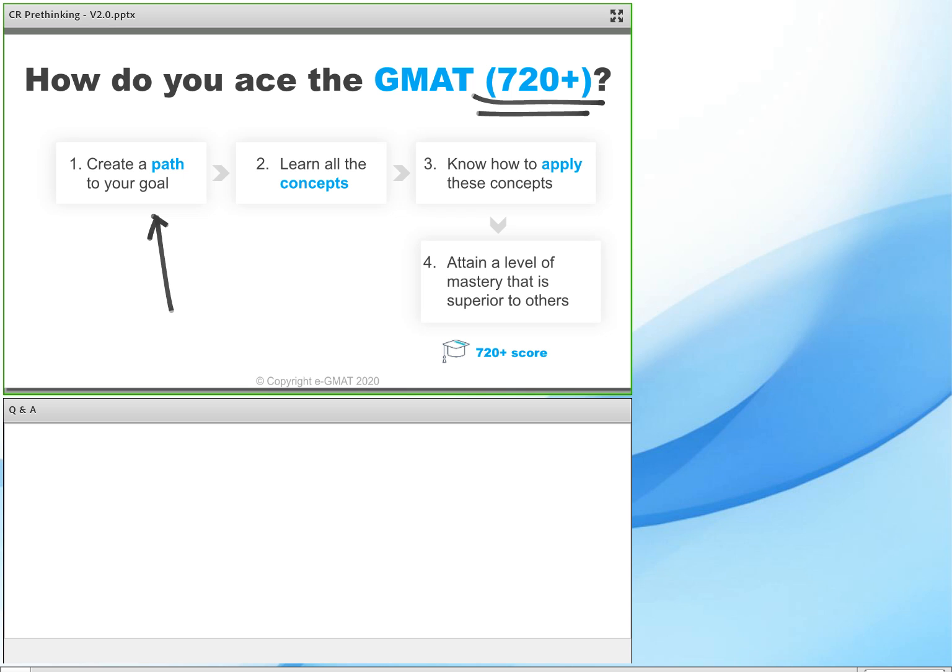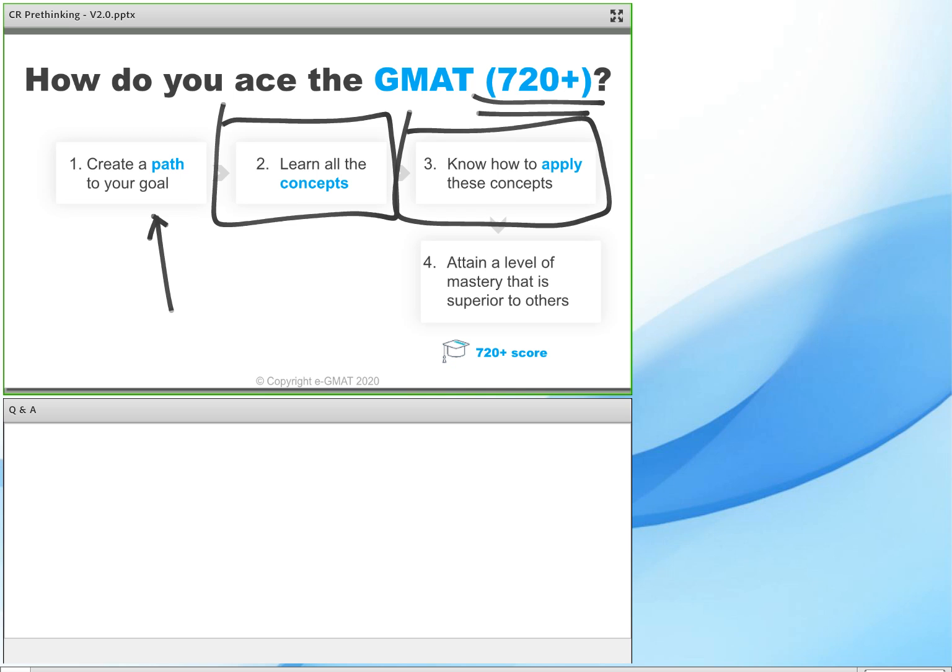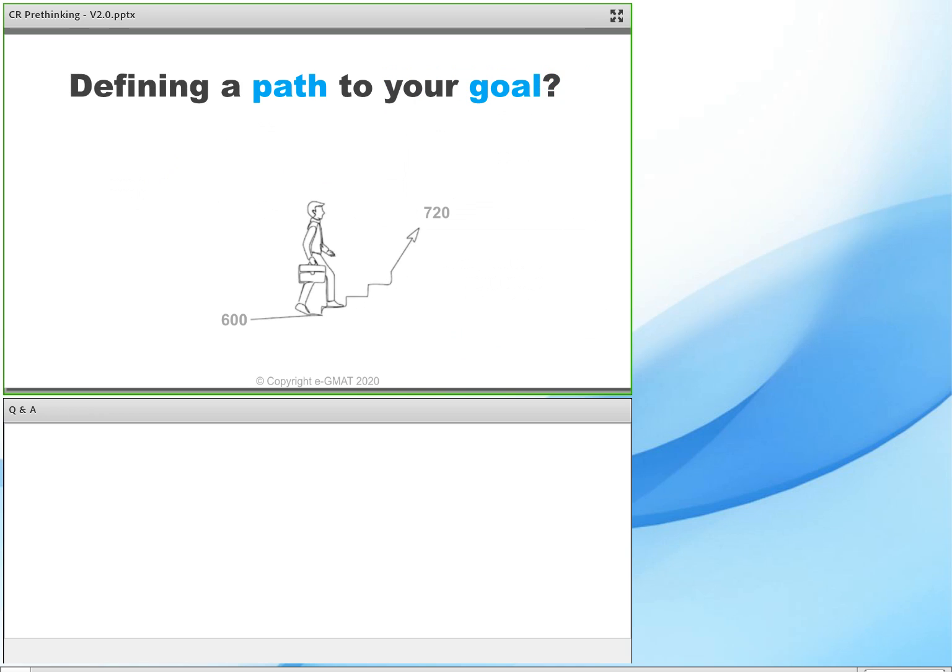Once you know your weaknesses, and you've attributed a certain time slot to work on those weaknesses, then you need to learn all the concepts that are needed. Now, merely knowing these concepts isn't enough. You need to know how to apply these concepts as well. And then you need to get so good at applying these concepts that you attain that level of mastery that puts you in the top 2, top 3 percentile of students worldwide.